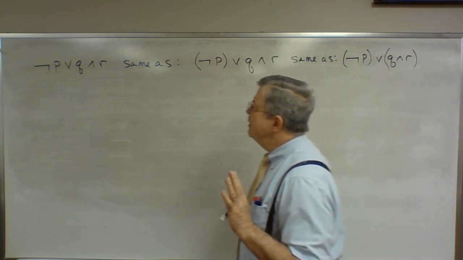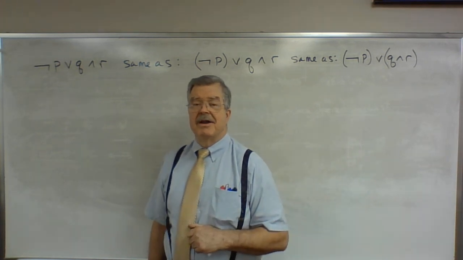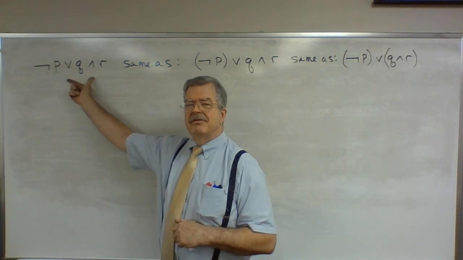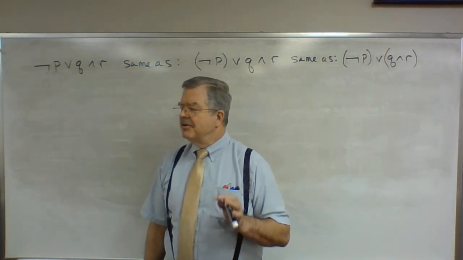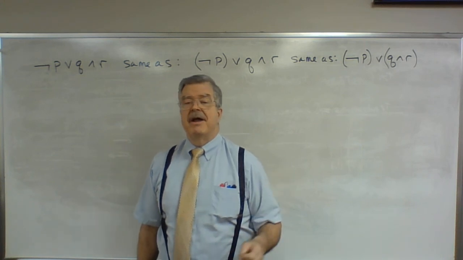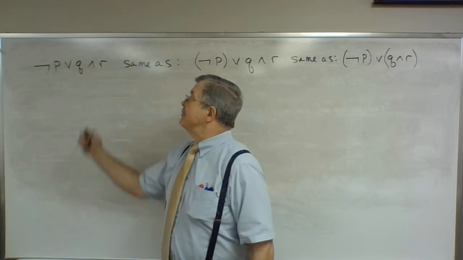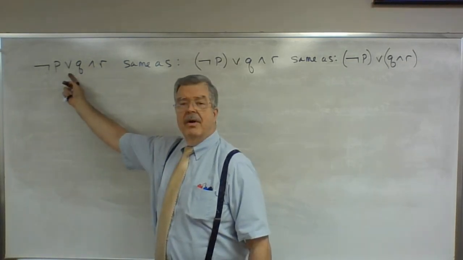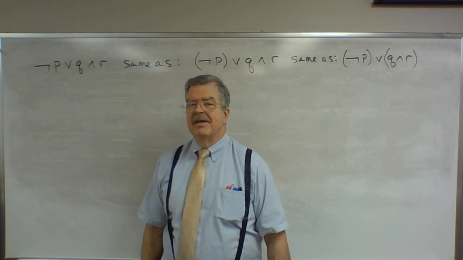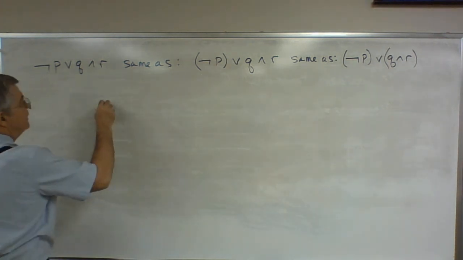It is good to know the order of the operators in case somebody's not a nice guy and they have us interpret something like this. So we need to know the order of precedence. The highest priority is negation. Then it's followed by and, then or, then if then. Let's see.